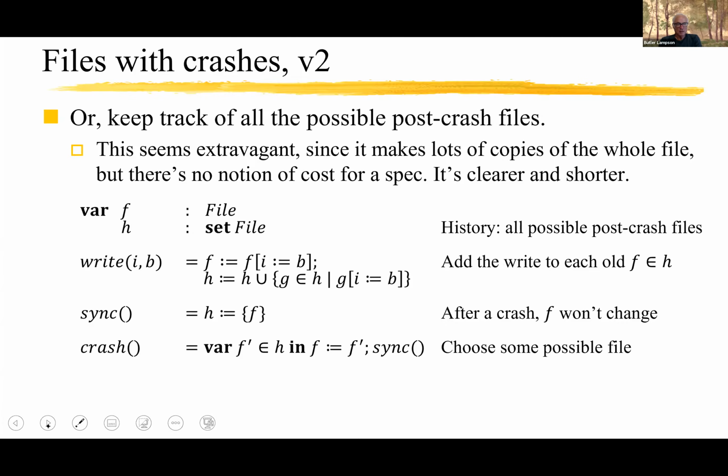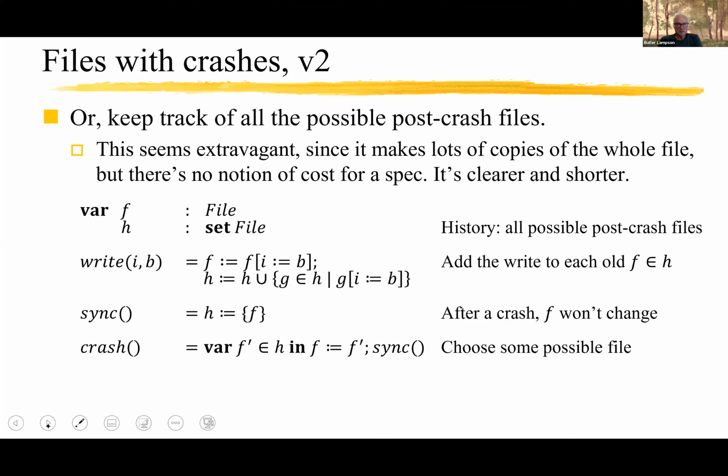So here, instead of having F stable, we're going to have a history, which is all the past files, all the possible files that could exist after a crash. And what a write is going to do is update F in the vanilla way, and add to the history. Well, what is it going to add? It's going to take all the possible files before this write that are in the history and update each one of them with this change.